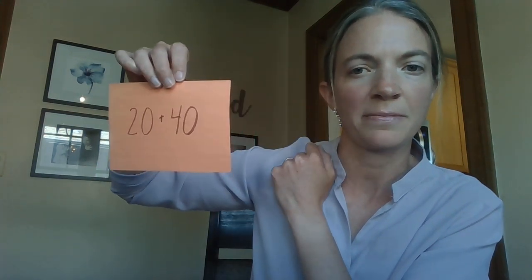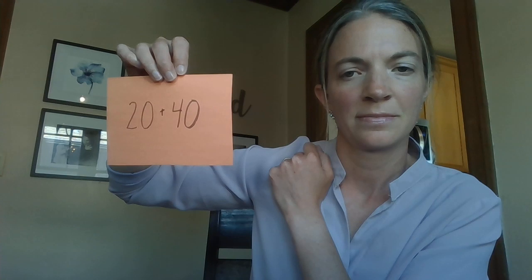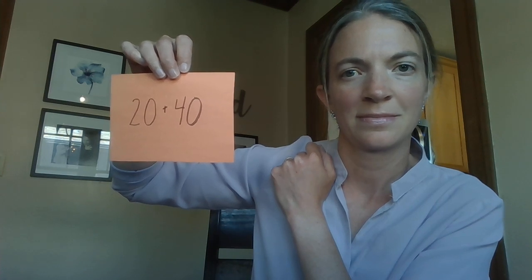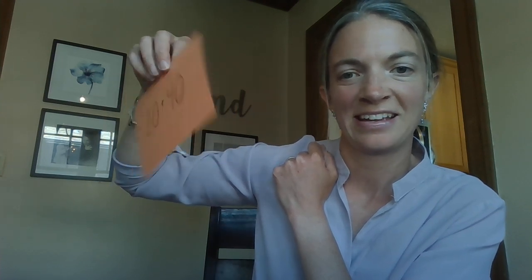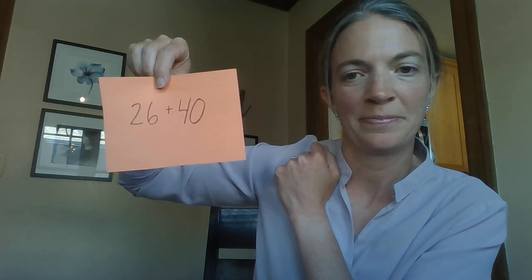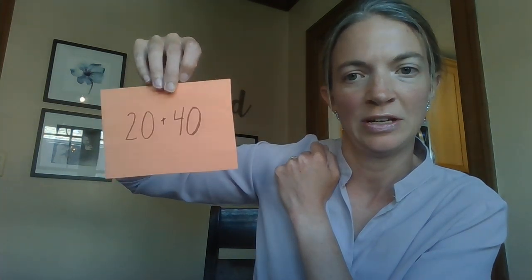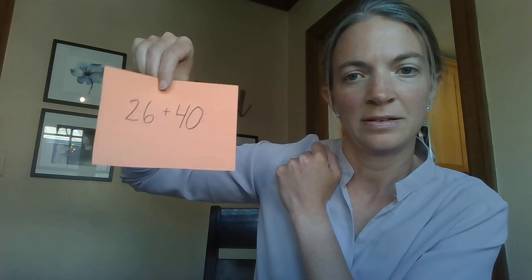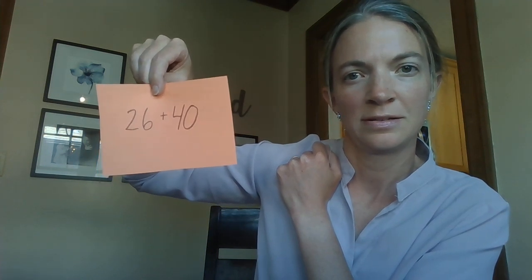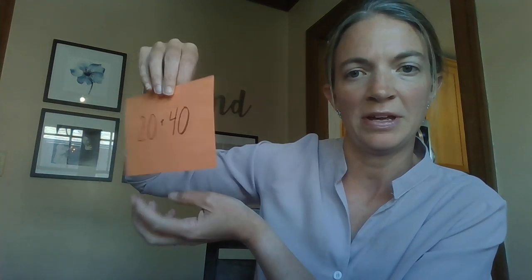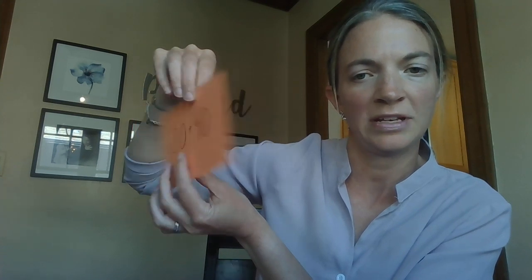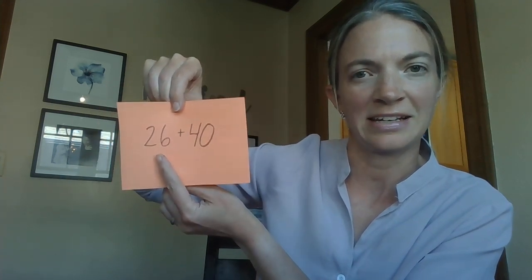Now I'm going to take away all of the model drawings and just picture them in your mind. How many? 60. How many now? What changed? So you may notice that here we only had 20 and here we have 26.